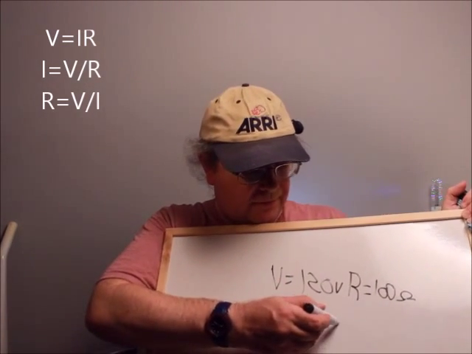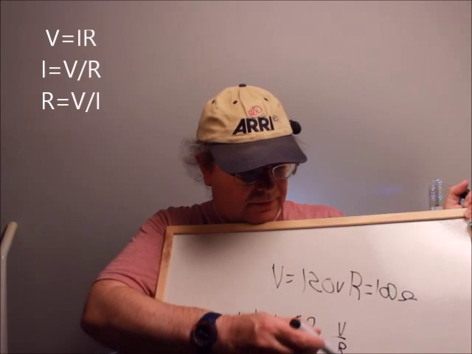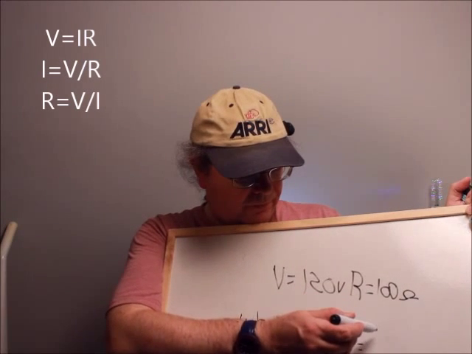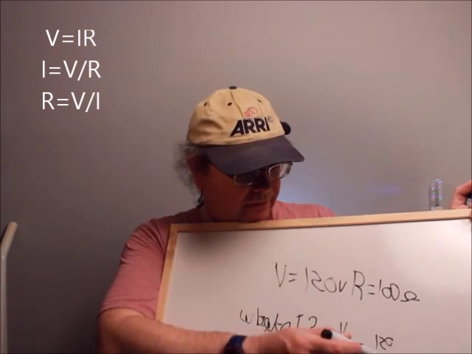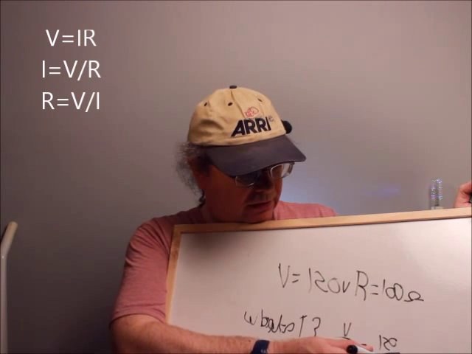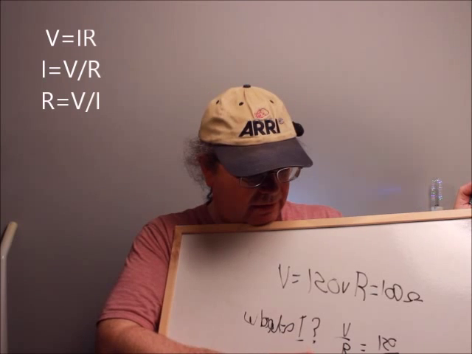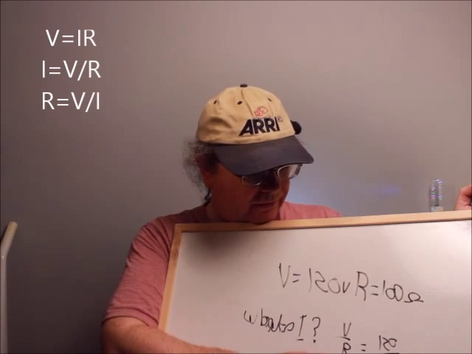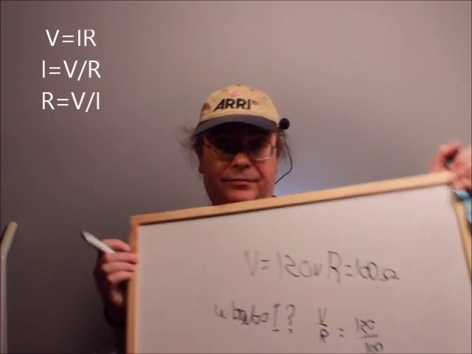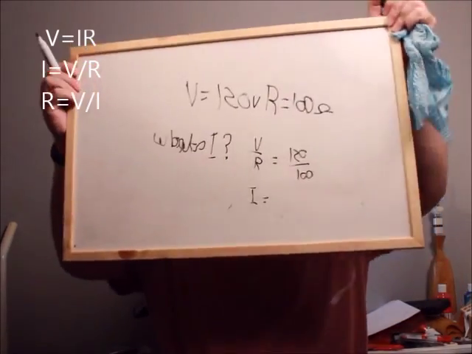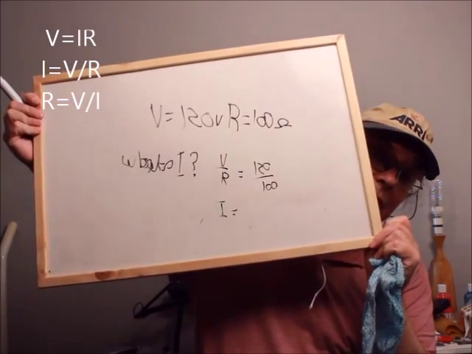So if we go V divided by R, which is equal to 120 divided by 100, the answer is I equals, oh, can't see. Right, what does I equal?